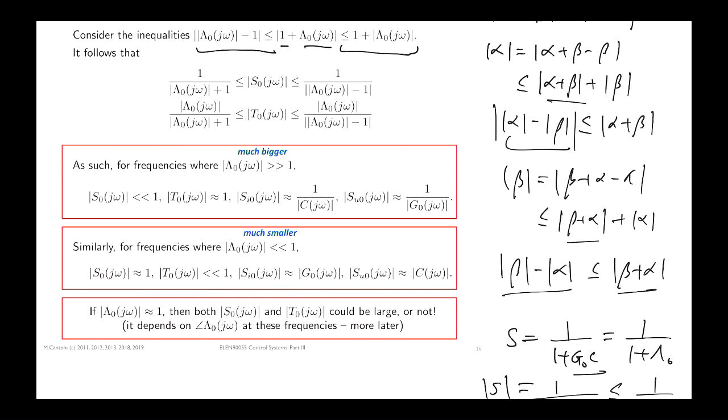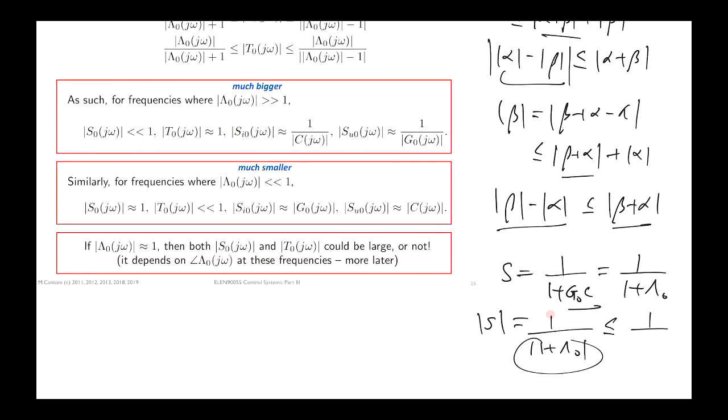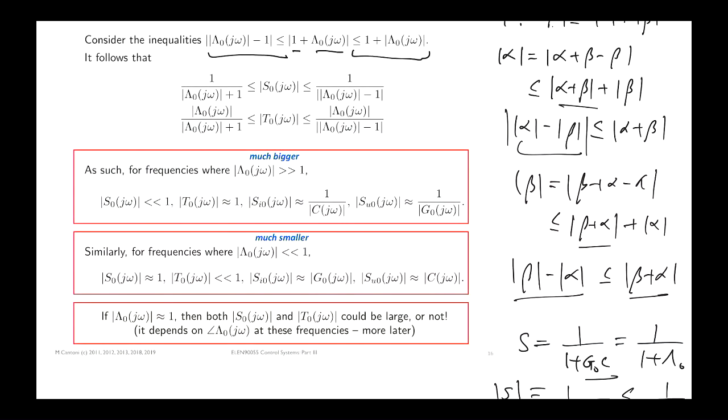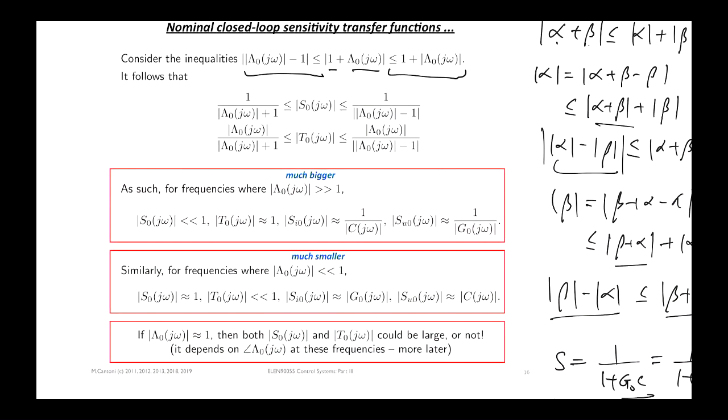To get this bound here, well, the magnitude of S is 1 on the magnitude of 1 plus lambda, and if I replace that by the upper bound, then I'm clearly going to get a smaller number, which is why it's a lower bound for S. So really, it's just some analysis to justify the things I was saying in natural language before.